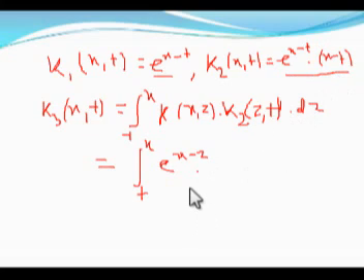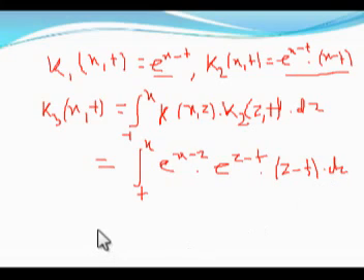So in place of x, there will be z: e to the power z minus t into z minus t, dz.